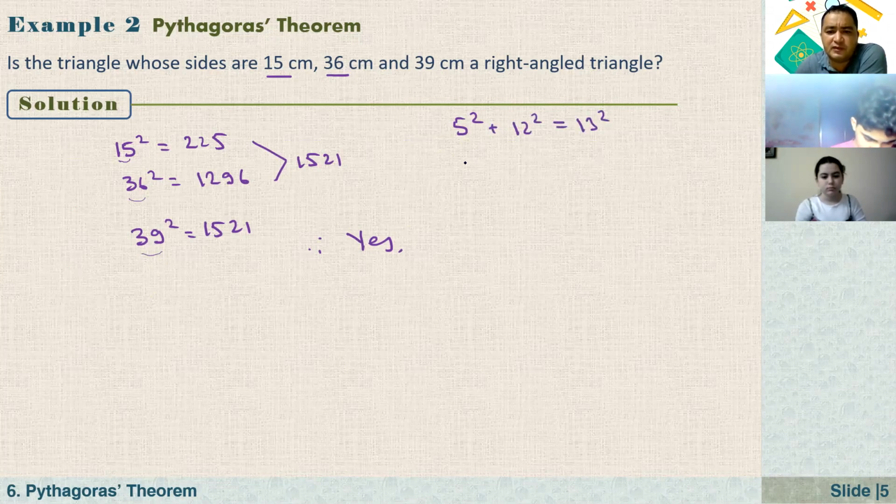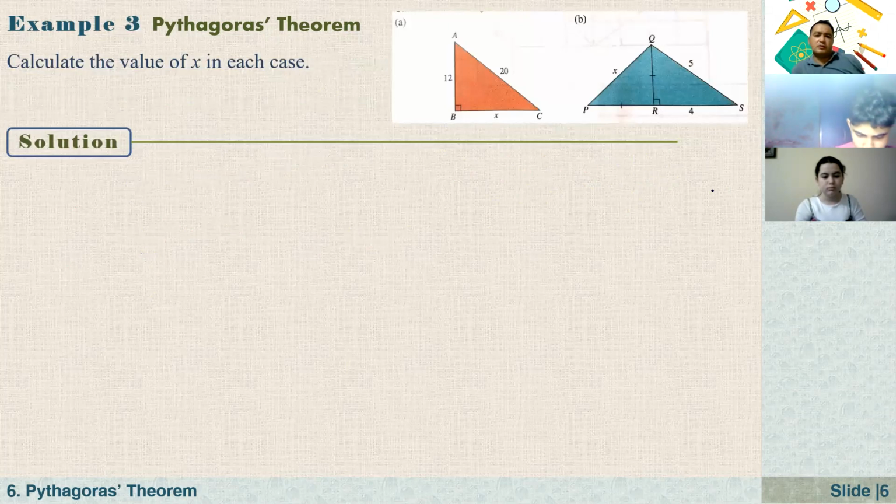And 15 is 3 times 5, and 36 is 3 times 12, and 39 is 3 times 13. That's why, if you cancel out the 3 squared, 5 squared plus 12 squared is equal to 13 squared. That is the shorter way of answering this question.